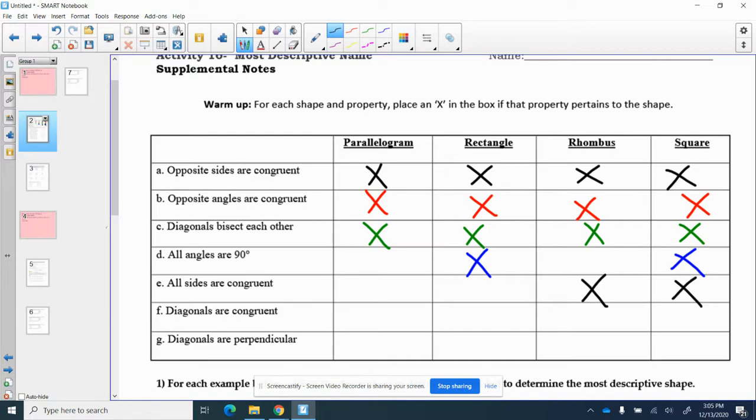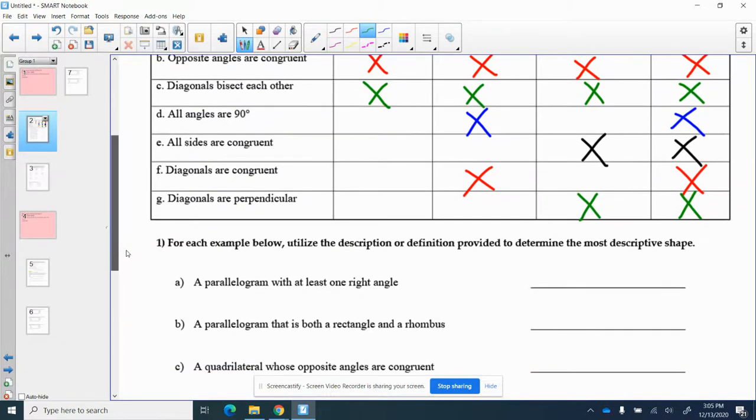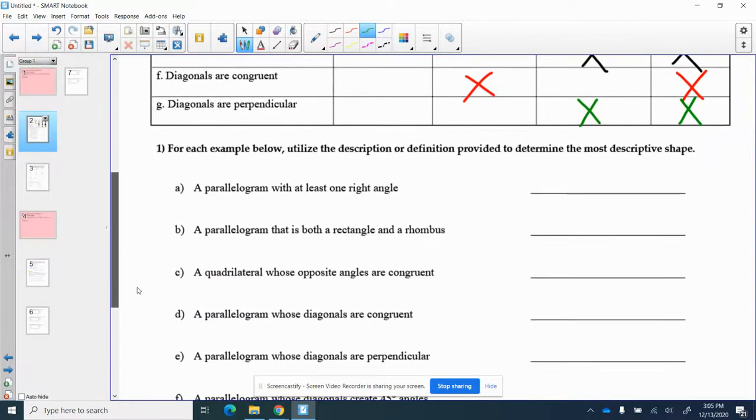The diagonals are congruent, not necessarily in a parallelogram, but in a rectangle and a square. And then last but not least, the diagonals are perpendicular, not necessarily in a parallelogram, but in a rhombus and a square.